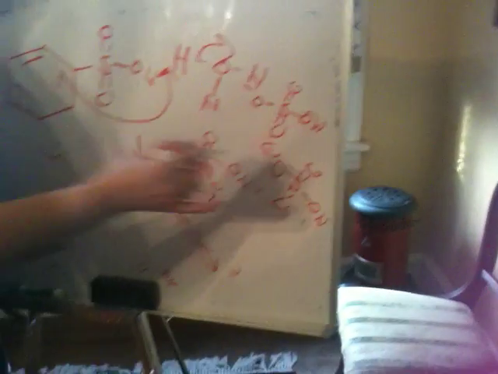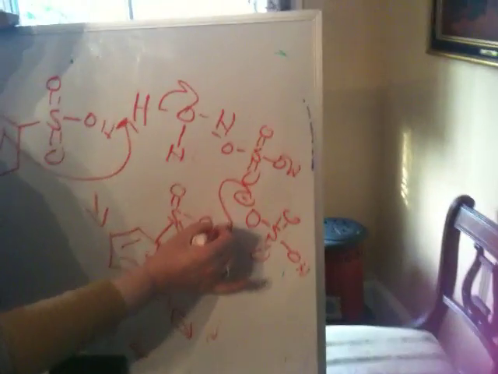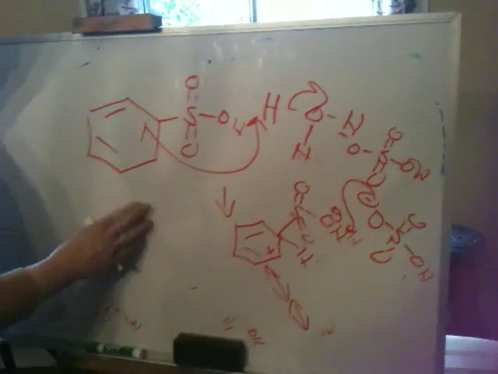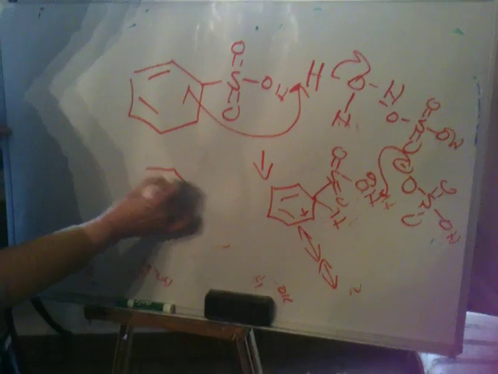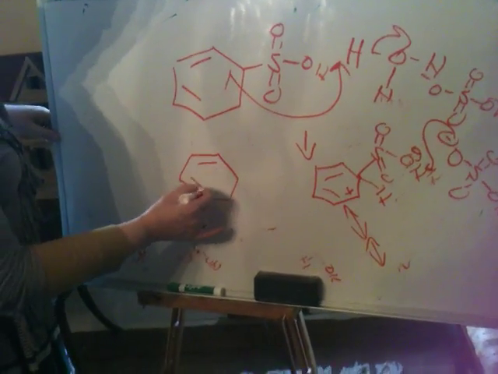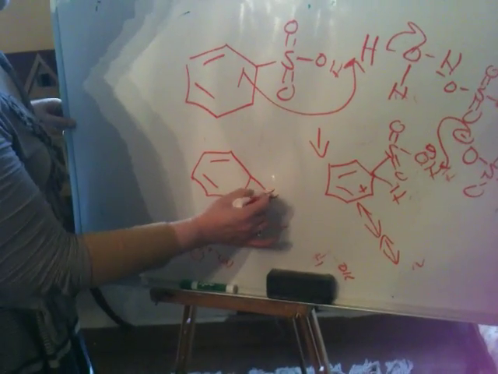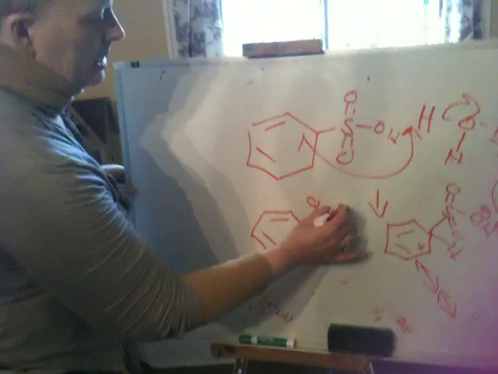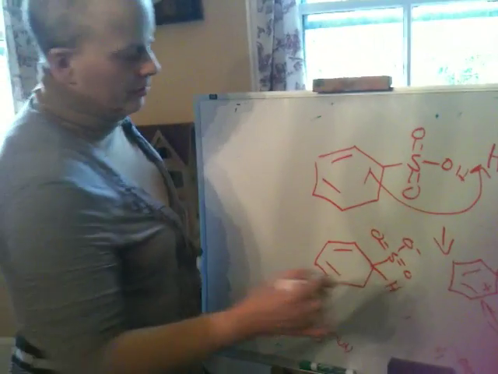If you really look at your forward mechanism, what you do is you protonate this O, and then I would have this. This is a little different; sometimes I drew this a little differently, but I like this a little bit better right now. So this is the exact reverse of the forward reaction.